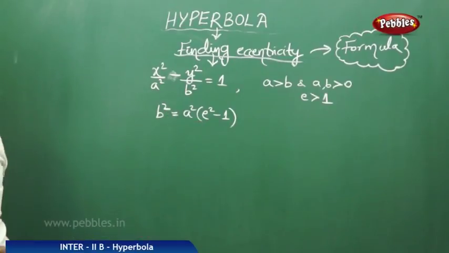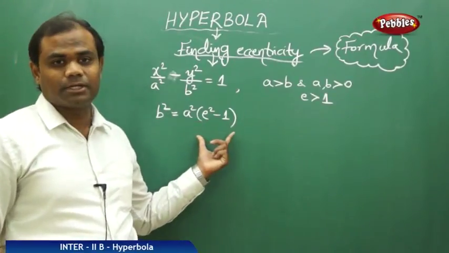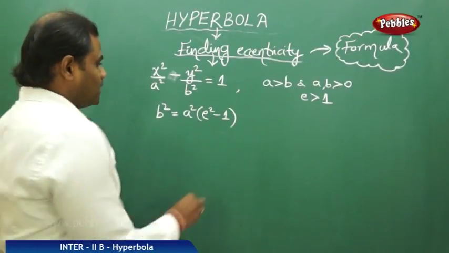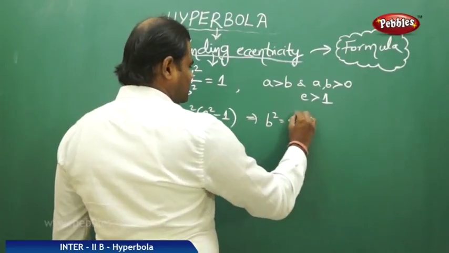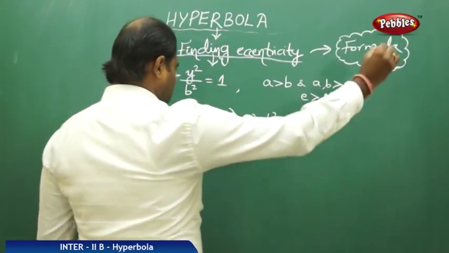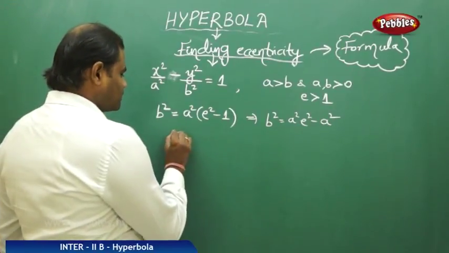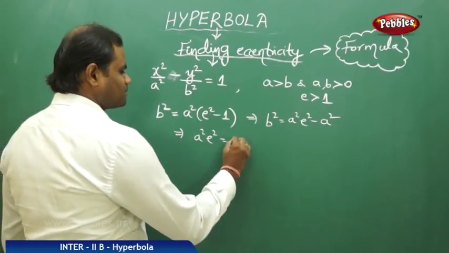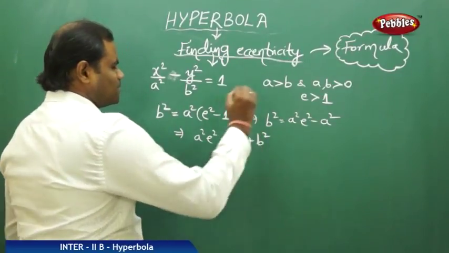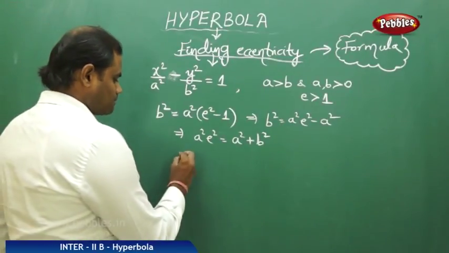So using this, let's see what the formula for e would be when I make e the subject in this relation. To make e the subject, I expand the brackets on the right hand side: a square e square minus a square, which on further simplification gives us a square e square equals a square plus b square, by bringing a square to the other side.